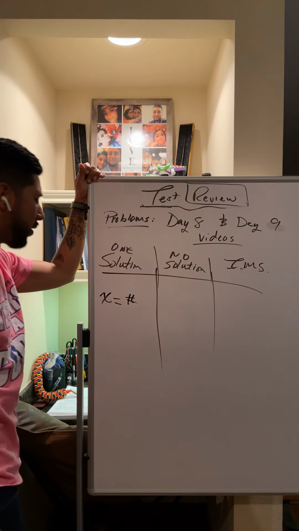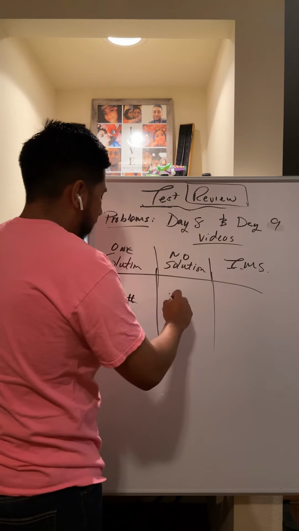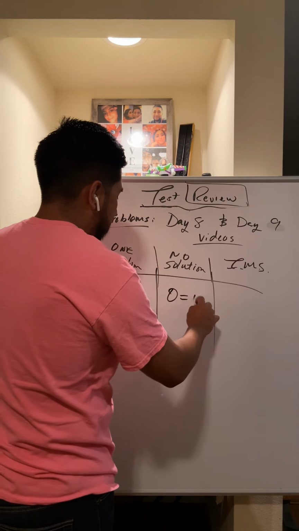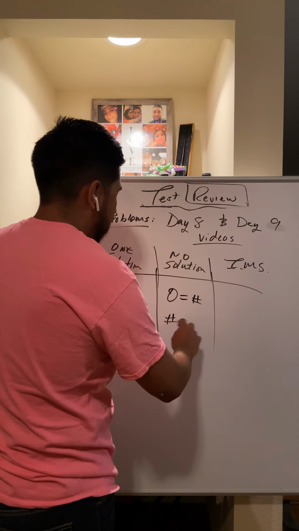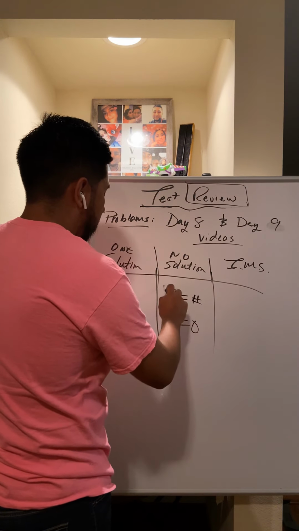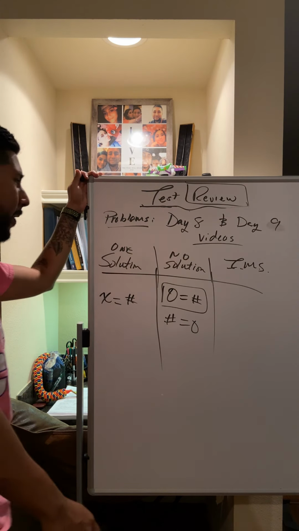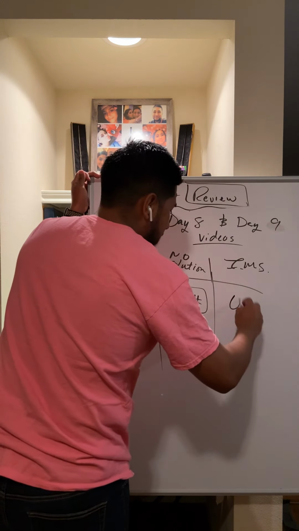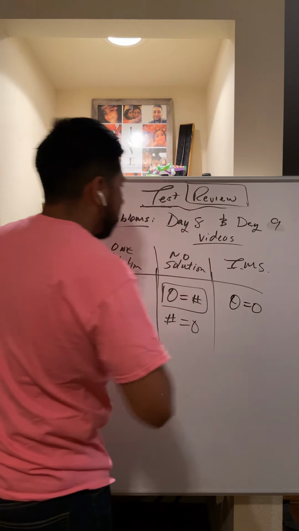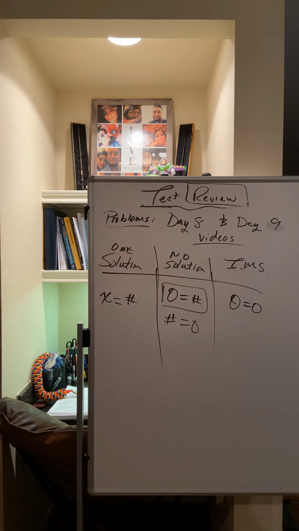I saw somebody do that. That was great. No solution. Everyone did a great job. 0 equals a number, or a number equals 0. A lot of us are barely getting that one most of the time. And infinitely many is 0 equals 0. A bajillion possible answers.